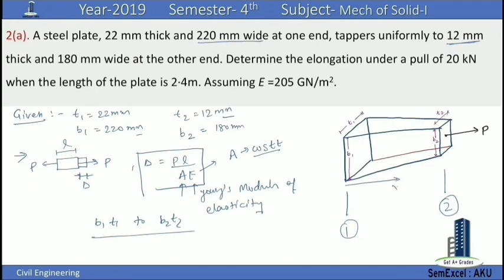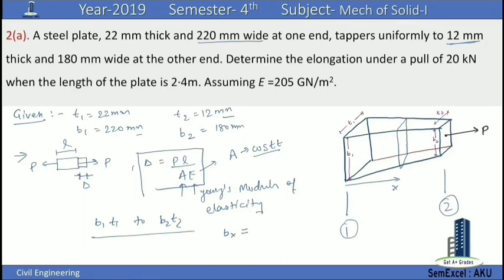Let's take a section at L is equal to X. This is the section at L is equal to X. And we will find out the width at L is equal to X and the thickness at L is equal to X. So width at L is equal to X is represented as Bx.